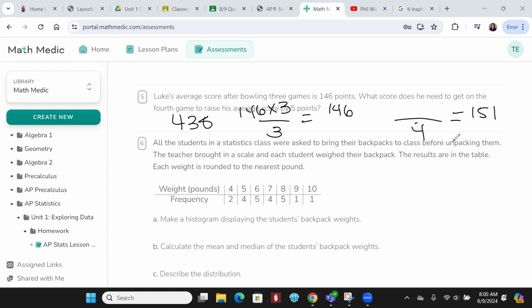I did 48 plus X over 4. And then from there you figure out the X. So you would multiply by 4 and then subtract that 438. Does that make sense? Is that good? Okay. Everybody okay on that? All right.